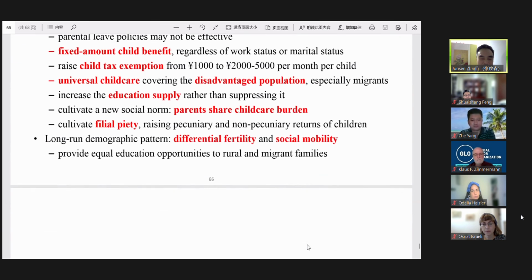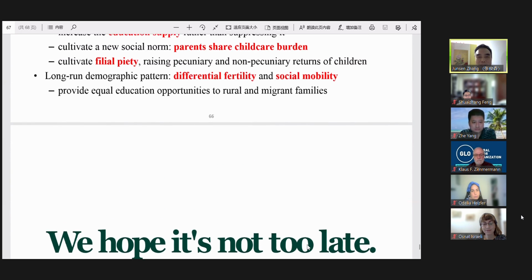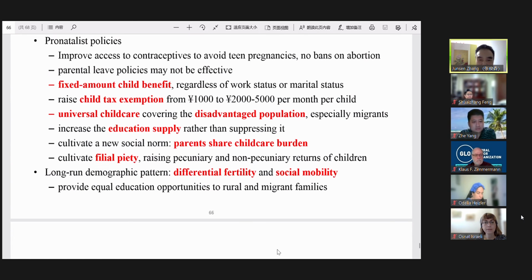And we hope those policies, okay, there are various policies: child benefit, child tax exemption, and universal child care. And I think we should list one more item, maybe income dependent, means tested child benefit, which means low income family receive more subsidy for having a child.